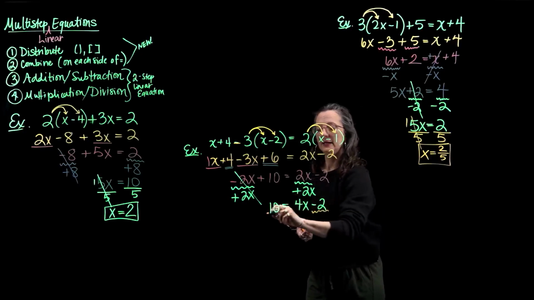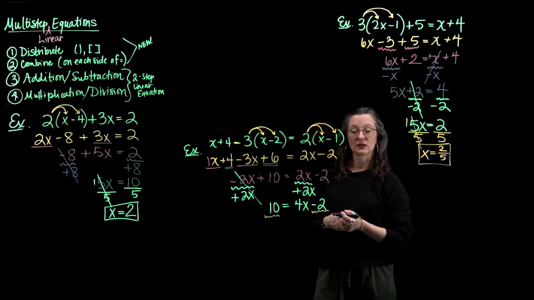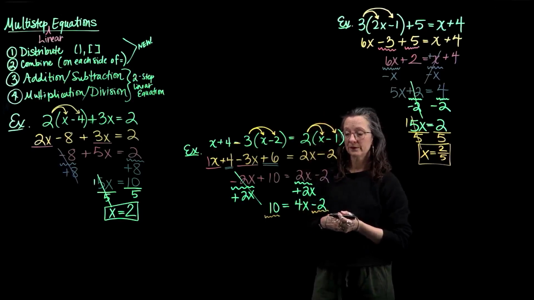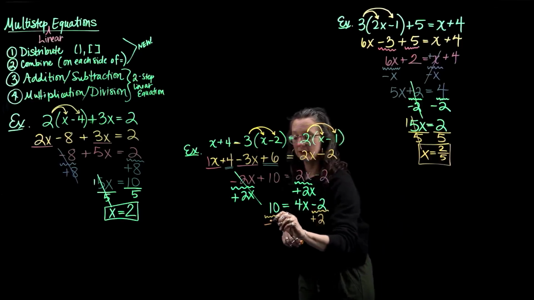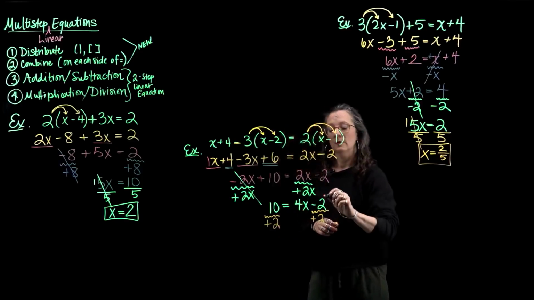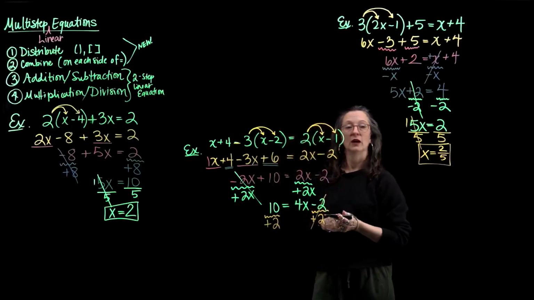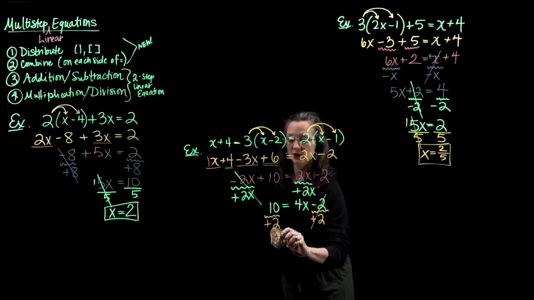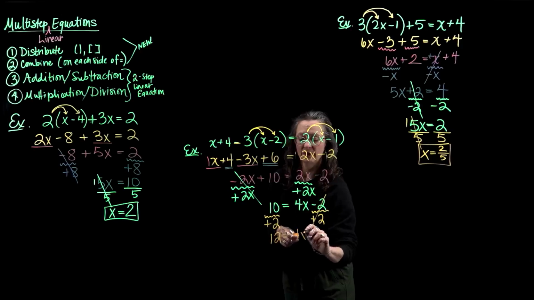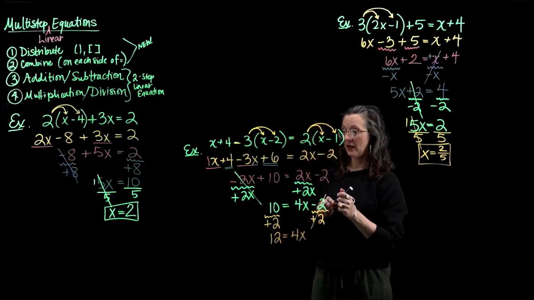We want to combine the minus 2 and the 10. In order to do that, I'm going to add 2 to both sides. Minus 2 plus 2 undoes each other. 10 plus 2 is 12, so I have 12 is equal to 4x.